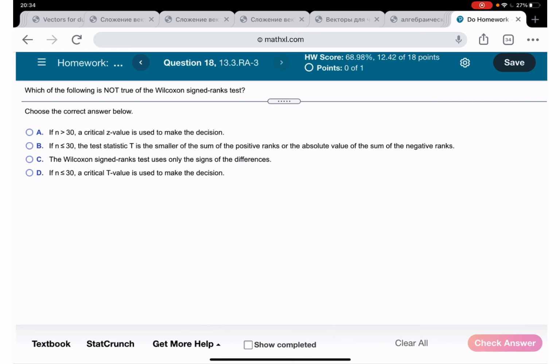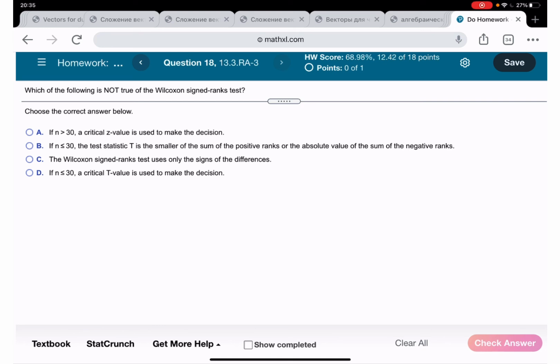And the last question. What do we have here? Which of the following is not the case for the Wilcoxon signed test? If n is greater than 30, a critical z value is used. That is the case.